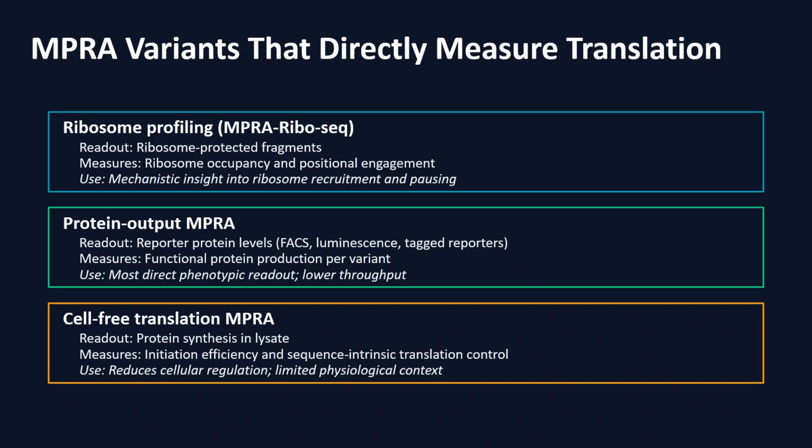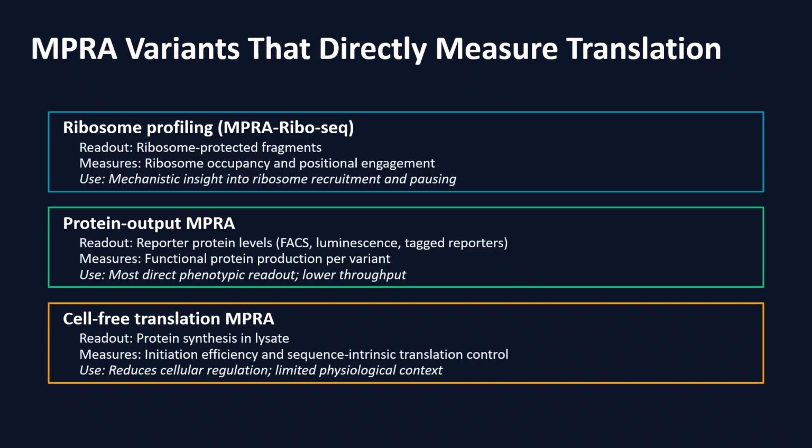A second approach measures protein output directly using reporter readouts like fluorescence or luminescence. And then again, a third strategy uses cell-free translation systems. So these isolate sequence intrinsic translation behavior by reducing cellular regulatory complexity, letting us probe features like initiation efficiency and local RNA structure effects.